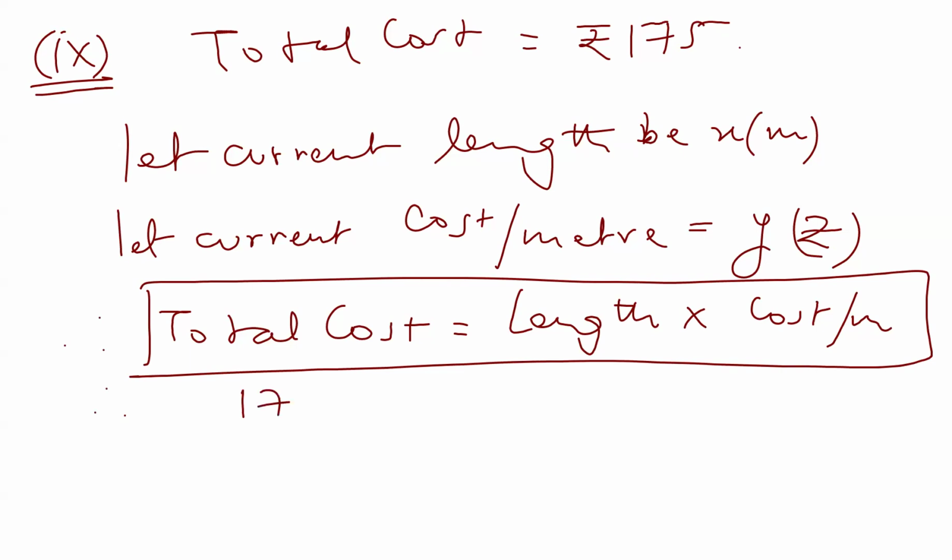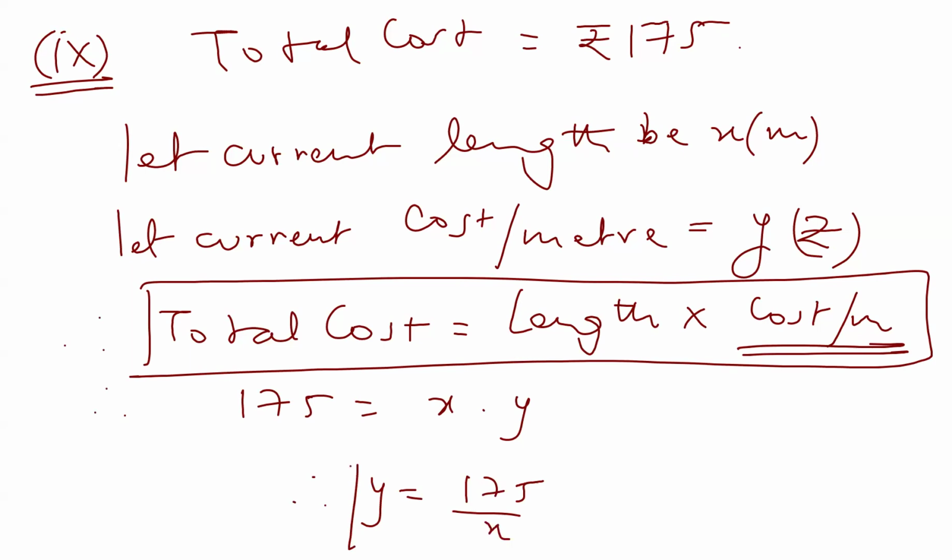Total cost is given 175, length is x meters, and cost per meter is y. So we got one relation, x into y is equal to 175. Therefore, I'll just write y is equal to 175 upon x. Yes, have you understood this much?